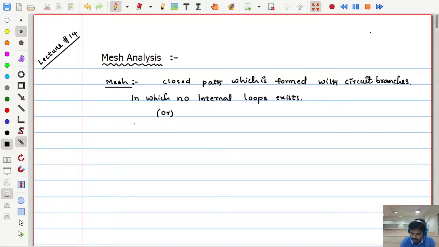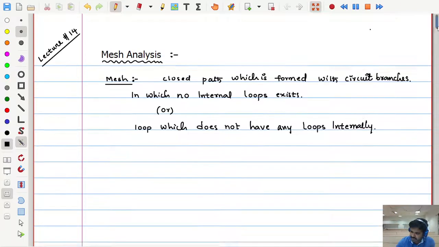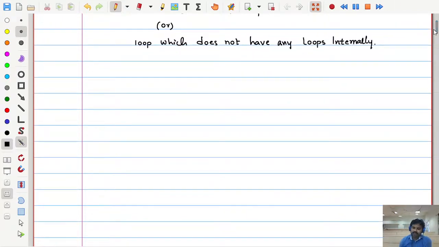You can say in another way that a mesh is a loop which does not have any loops internally. We will see some circuits and try to define what the loops and meshes are, and the difference between these two.